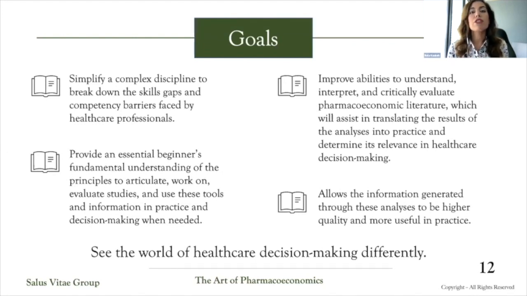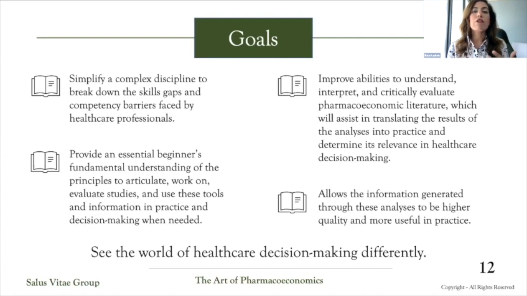So this book really serves as an essential beginner's foundational understanding of the various principles and elements, so that you can articulate, work on, and evaluate these different types of analyses and see if they would apply to your own decision-making process.